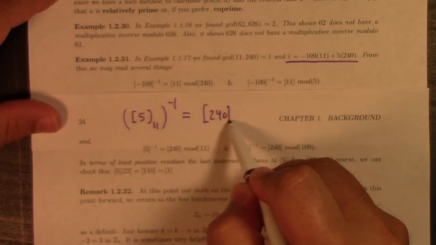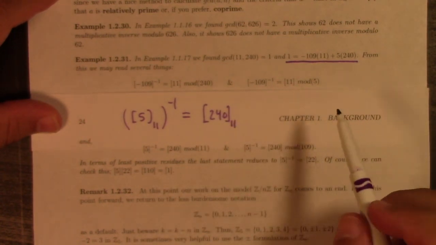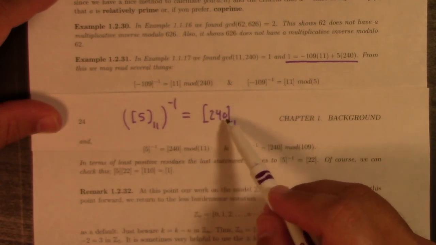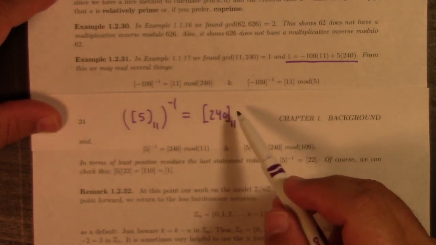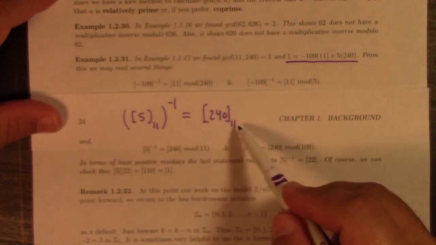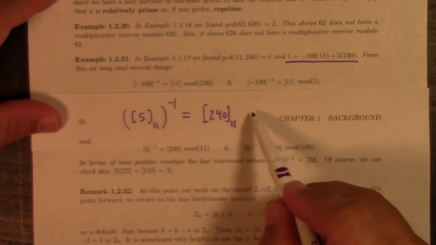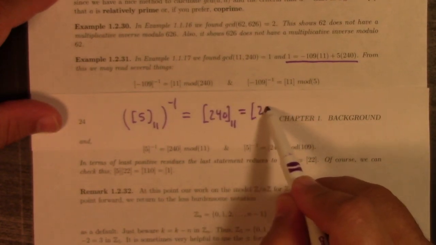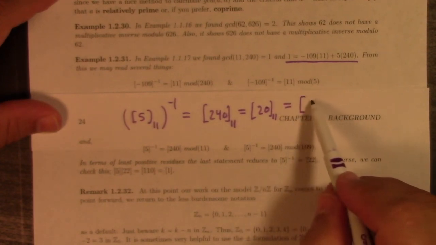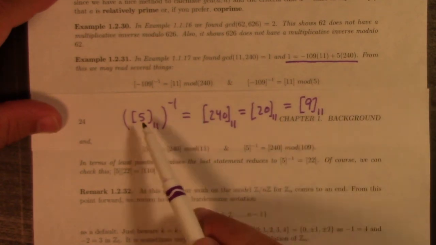240 in Z11. Now this can be simplified a lot. Because 220 is, let me think of multiples of 11. 10 times 11 is 110, 20 times 11 is 220. So this is equal to 20 mod 11, which is equal to 9 mod 11. So this is saying 9 times 5.